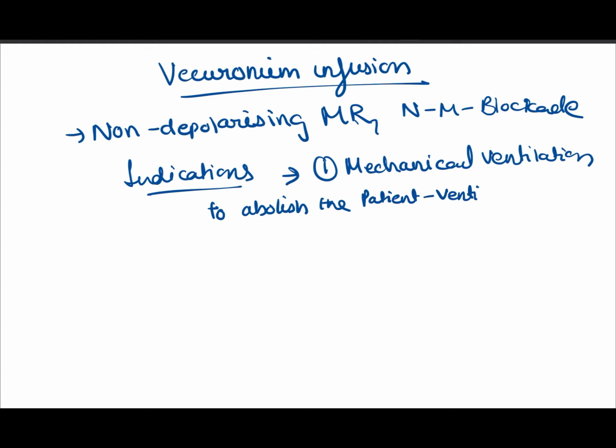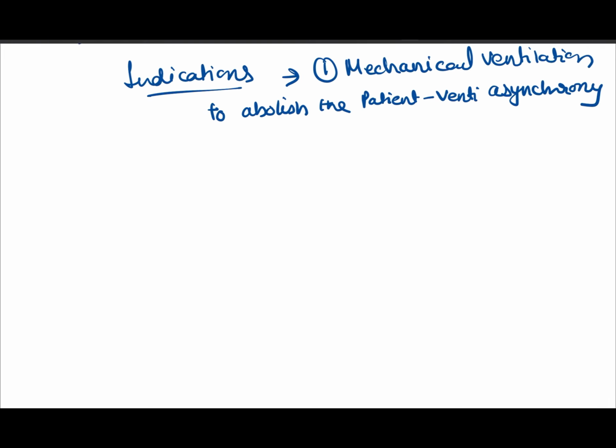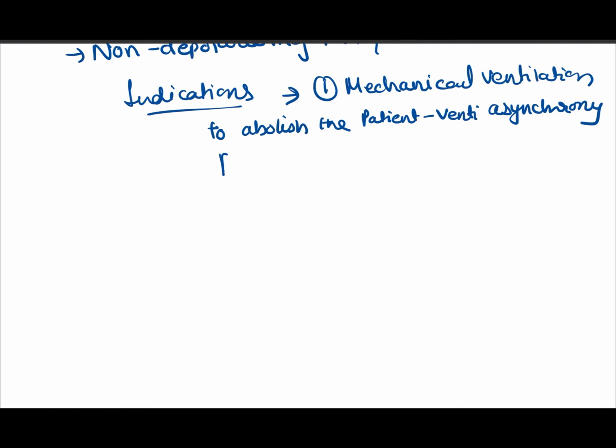It is called to abolish the patient-ventilator asynchrony. An example would be a baby with PPHN on HFO, where you want to muscle relax the baby so that the HFO can properly ventilate the lungs. This is one of the indications for Vecuronium in newborns.